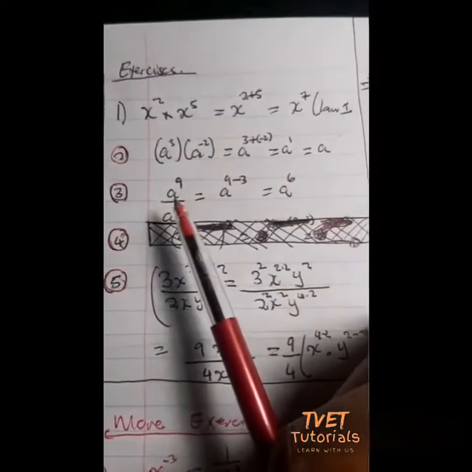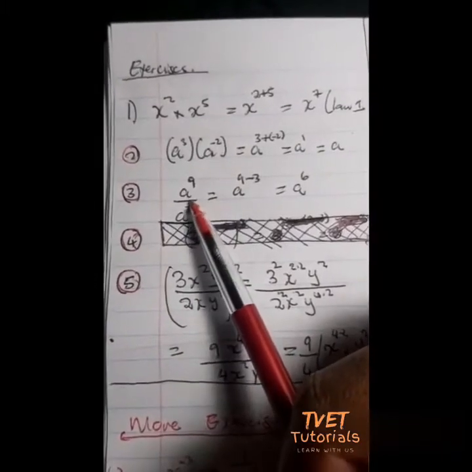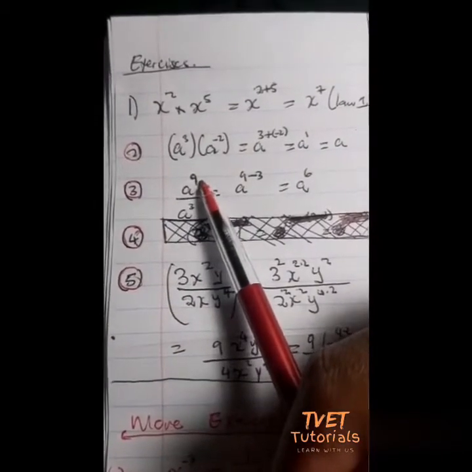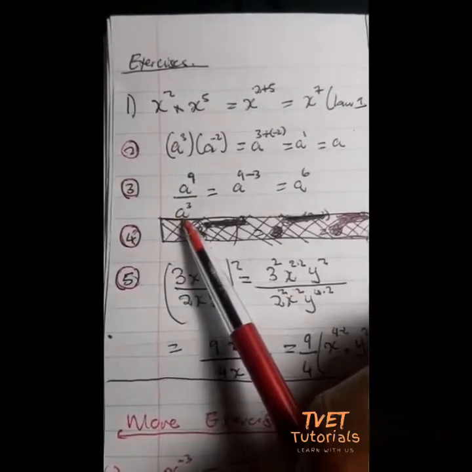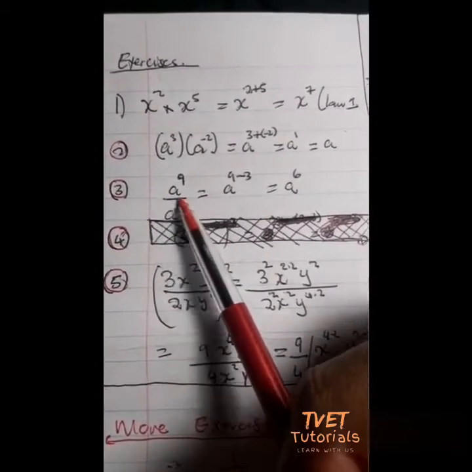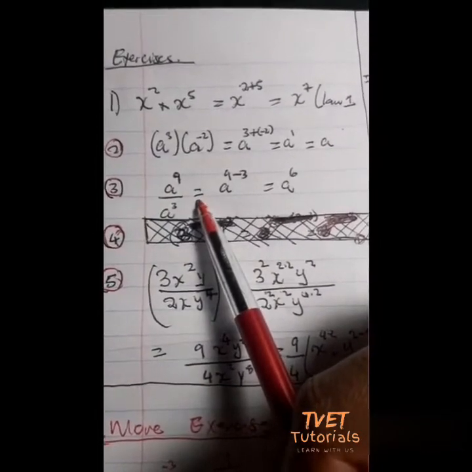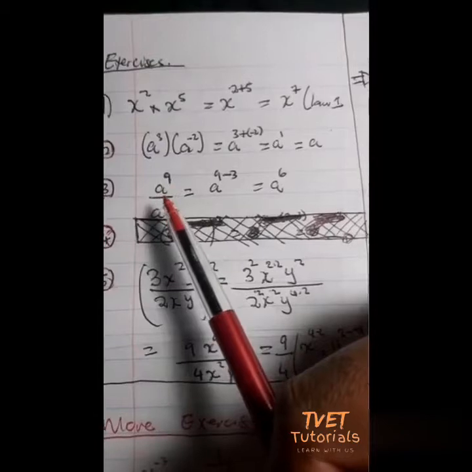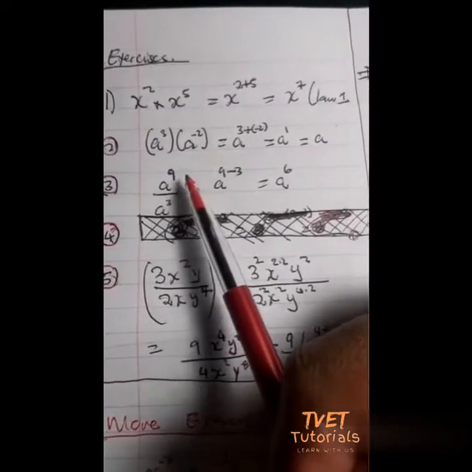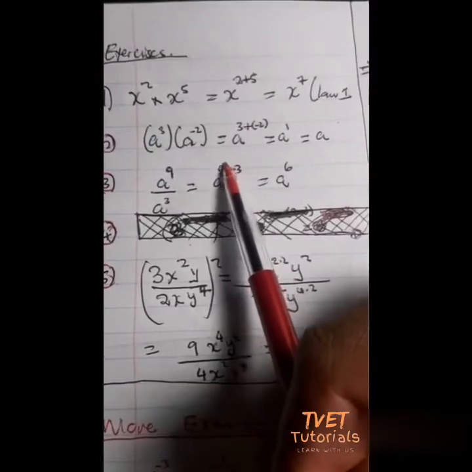The next one we look at is division. If I have a raised to the power 9 divided by a raised to the power 3, that means my bases are the same. I would apply the law that says if I have common bases and I'm dividing, that means I subtract the exponents.